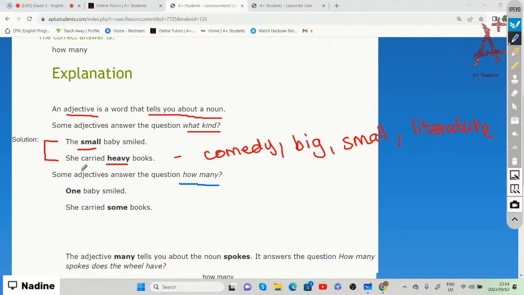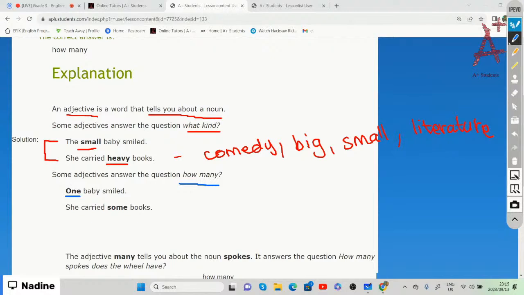When it comes to how many babies, you can count in numbers, like one, two babies, three babies, four babies, and so on. Or you can say a few babies, some babies, a lot of babies. So that is how you can describe it in how many.